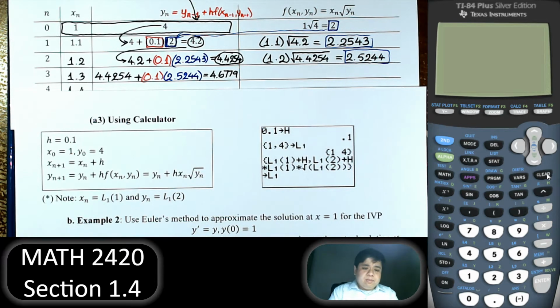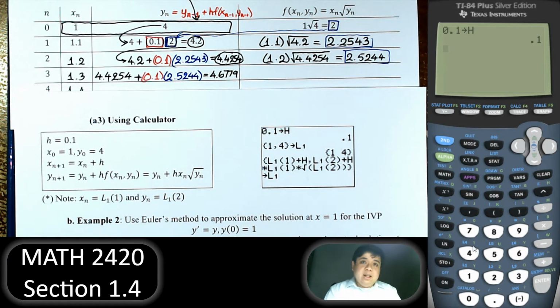So what I actually translate that into mathematical terms, and the language the calculator understands, is we're going to store some numbers into H. So we have 0.1, hit the store key, the STO key here, alpha H, and that means we let H equal 0.1. So we store that into the step size. So that's the first thing we do, the step size.